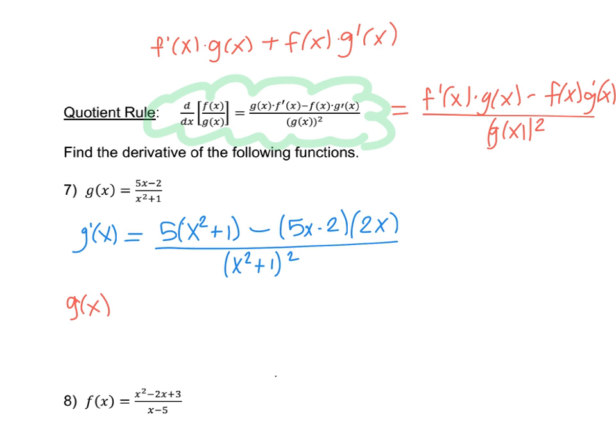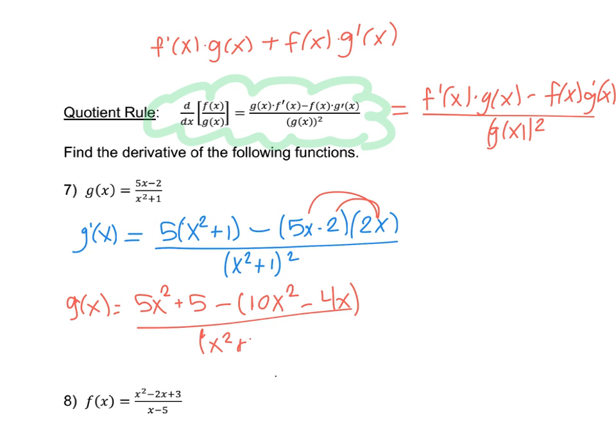So that would be 5x squared plus 5 minus, I'm going to keep this in parentheses for now because I'm going to distribute this 2x first. So 2x times 5x is 10x squared. 2x times negative 2 is negative 4x.